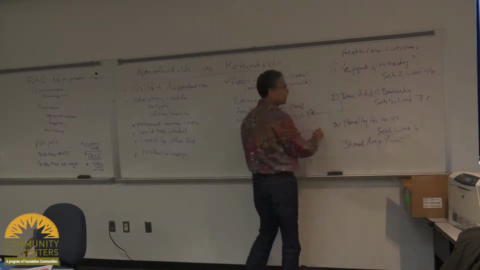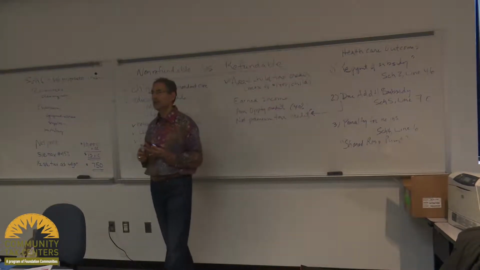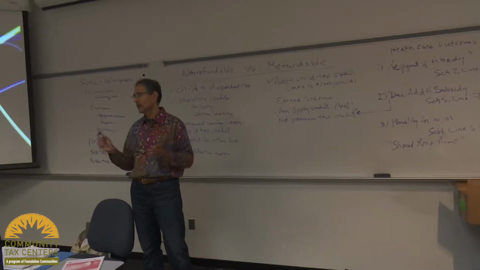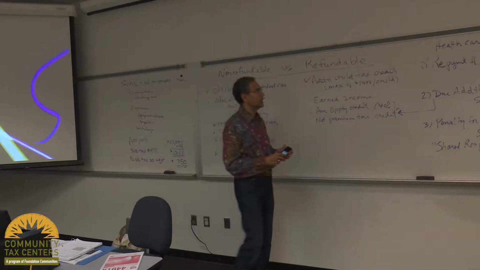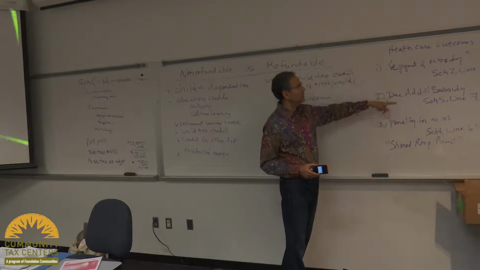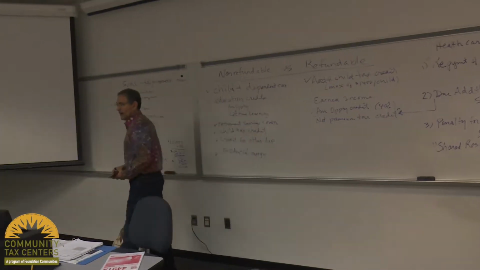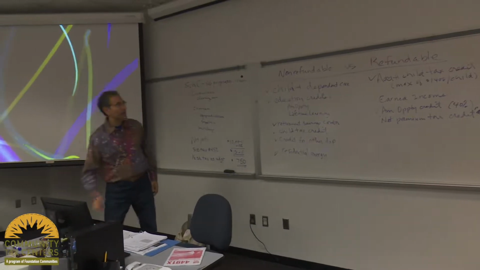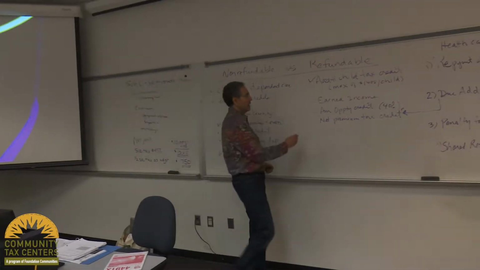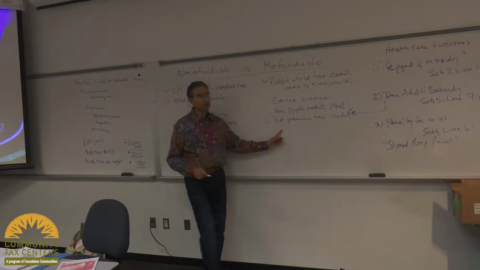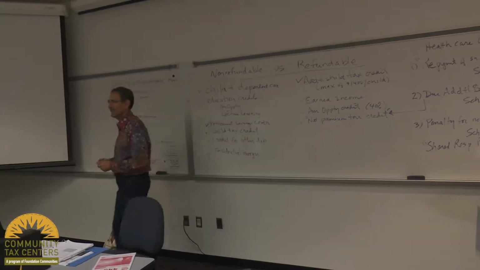This one, number 3, is the one that's going to go away in 19, because that penalty should go away, and all we'll be doing is potentially having to repay a subsidy or do an additional subsidy. But that is all this to explain what net premium tax credit was.